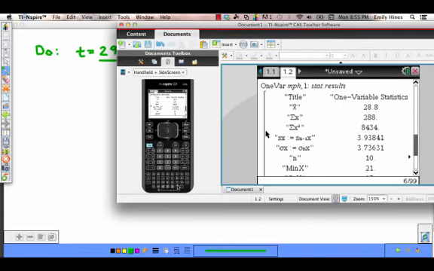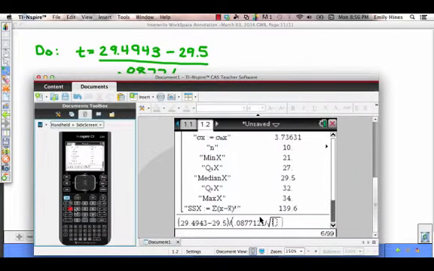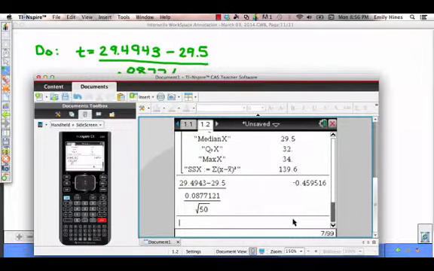Okay, so I go to the calculator and I'm going to type this one in. Parentheses, 29.4943 minus 29.5 divided by parentheses 0.0877121 divided by the square root of 50. And I get negative 0.4595. Okay, so I also want to write that down.